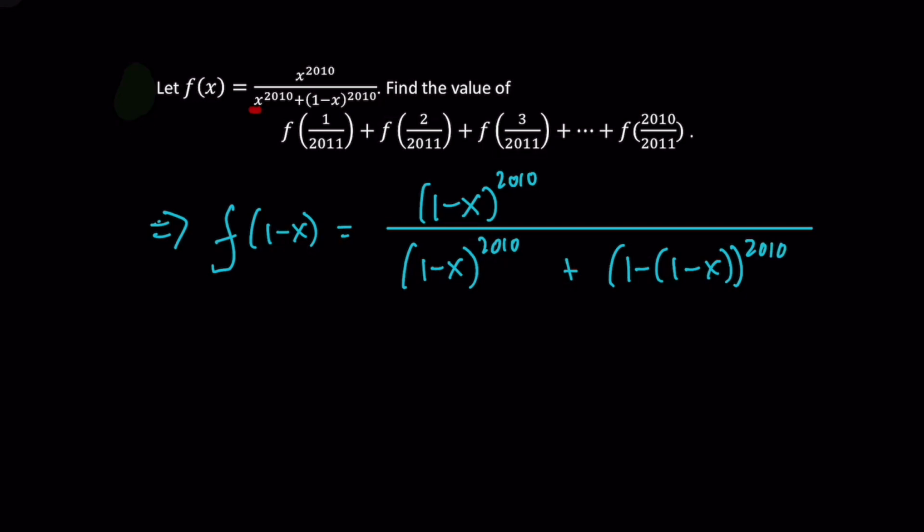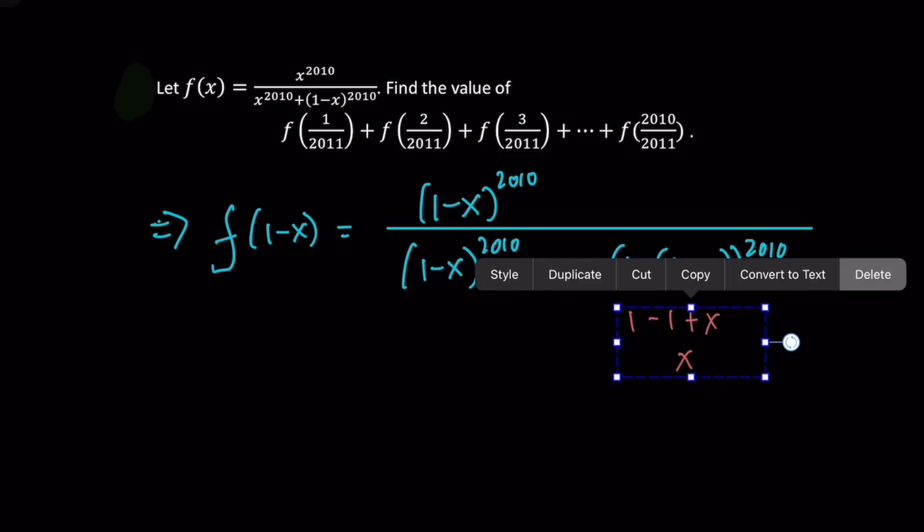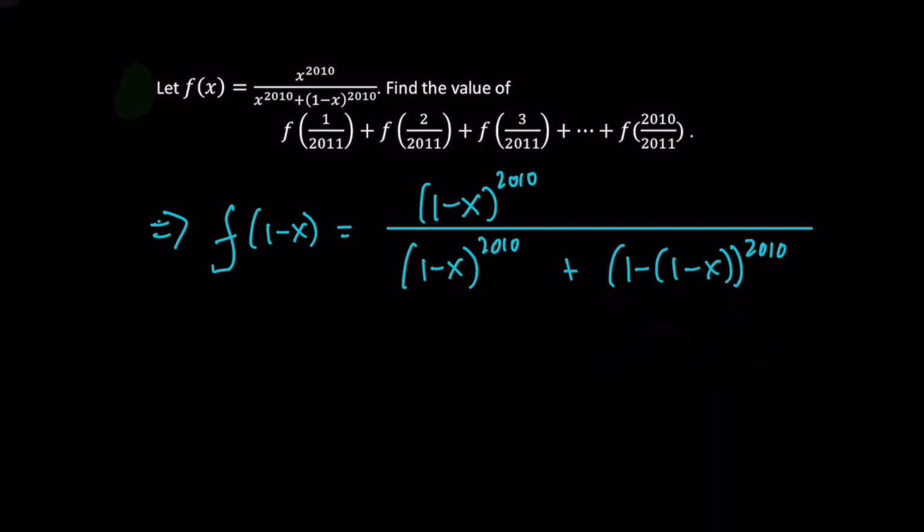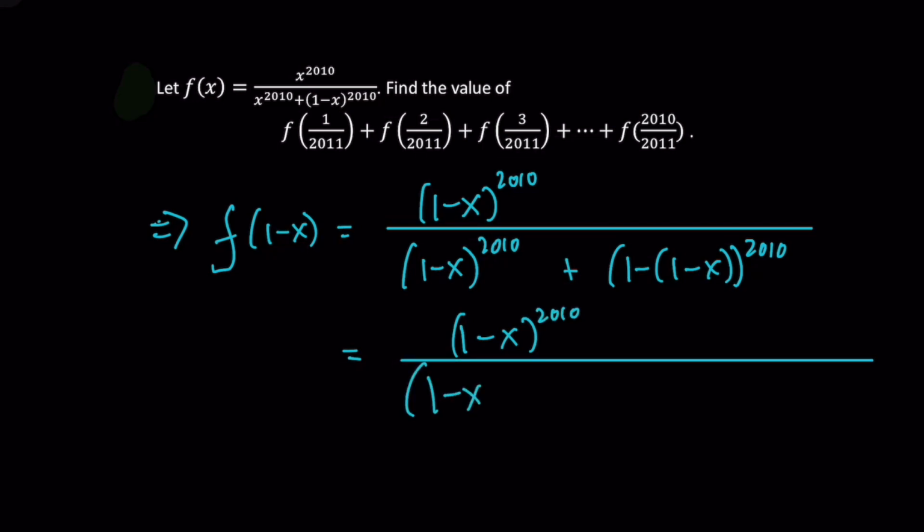Basically, we just change the x with 1 minus x. Now this expression, if you notice, 1 minus 1 plus x equals x. So this is just equal to (1 minus x) power 2010 over (1 minus x) power 2010 plus x power 2010.